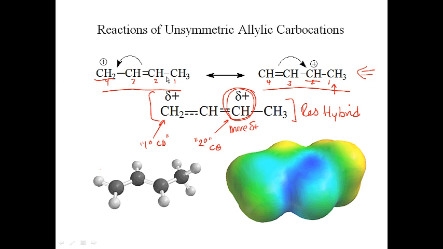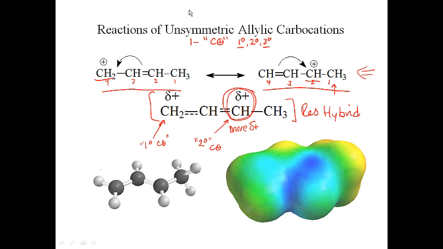It turns out that the first priority we're going to use to base stability on is the type of carbocation that we have, whether it's primary, secondary, or tertiary. Tertiary is the most stable, primary is the least stable.